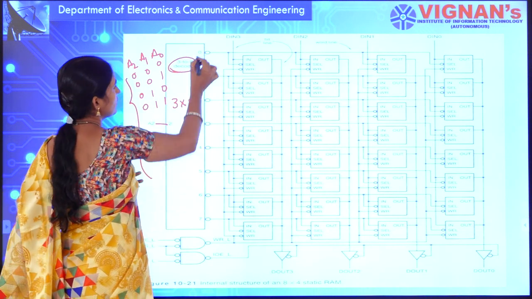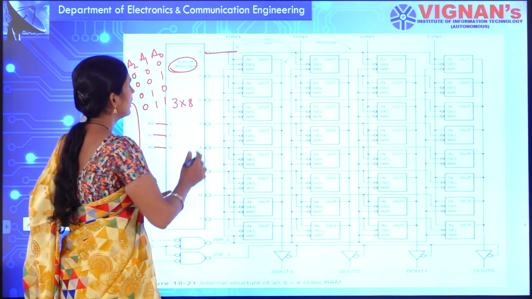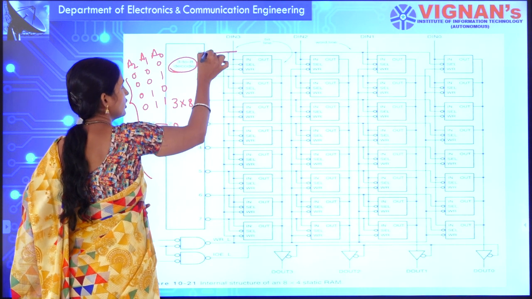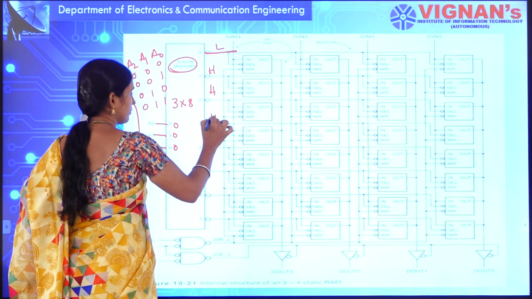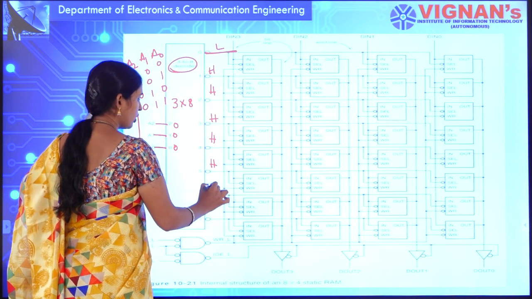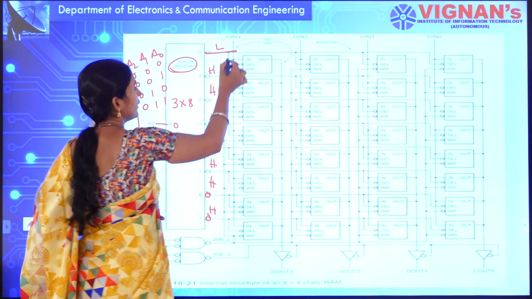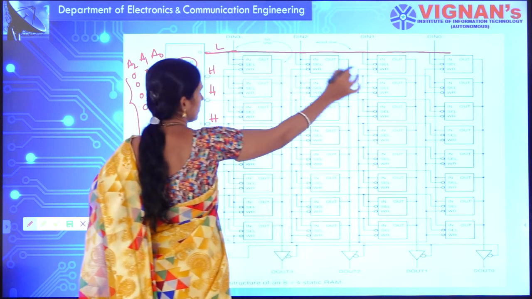For each outcome, only one line will be activated, as you know. Suppose I provide all 0s, 0 0 0. Then this pin will be activated low, and the remaining will all be in high state, because these are active low pins. When this is activated low, it indicates that you are accessing this word line.